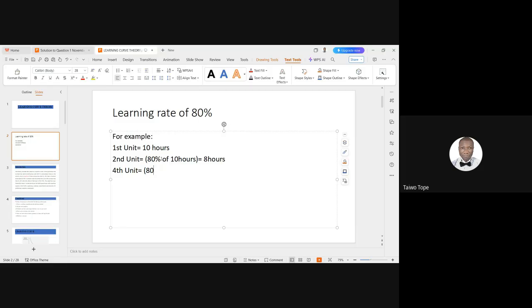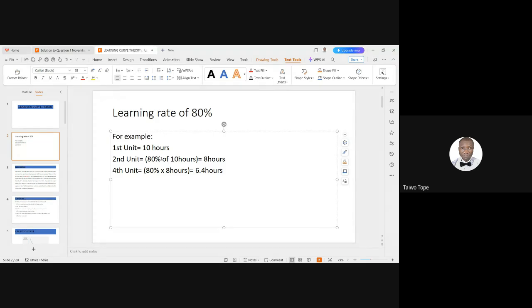It will be 80% of the 8 hours, and that will result in 6.4 hours. So the more you double, the less time you use.